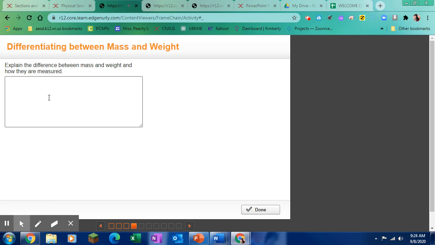Differentiate mass and weight. This is a question they asked you earlier. You know that mass is the measure of matter in a substance and weight is essentially the pull of gravity. So I'll have to type that in there because it got mad at me before when I didn't type enough.